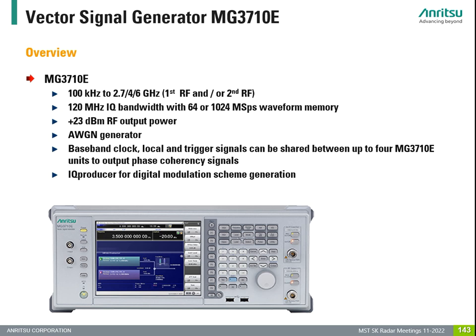Dual RF and dual waveform options enable a single MG3710E to output up to 4 independently modulated signals. The MG3710E makes it easy to implement complex test scenarios that would normally require multiple synchronized signal generators.